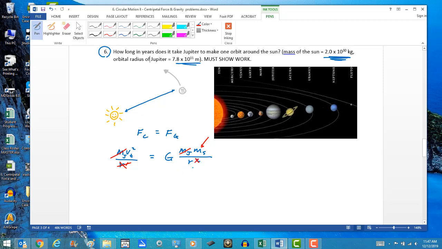So you're just going to be left with 1r down here in the denominator, and the number 1 down here in this denominator. You know the gravitational constant, that's 6.7 times 10 to the minus 11th. And from this basic setup, you can then solve for the tangential velocity of Jupiter. Keep in mind that's squared, so you're going to have to take the square root at some point. So let me give you a hint on that at this point so you don't go any further in the problem with the wrong number.